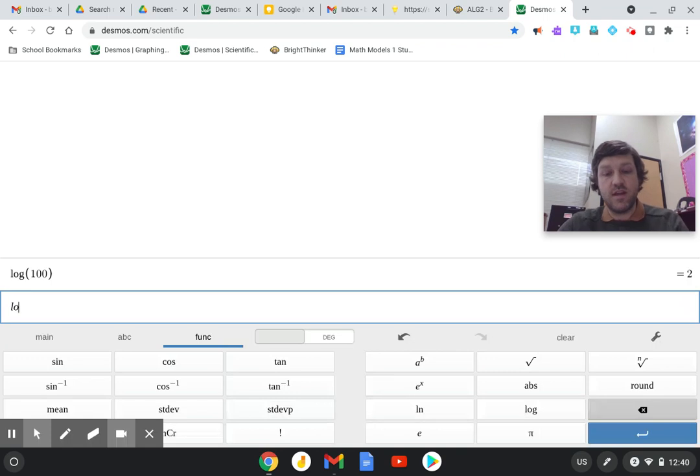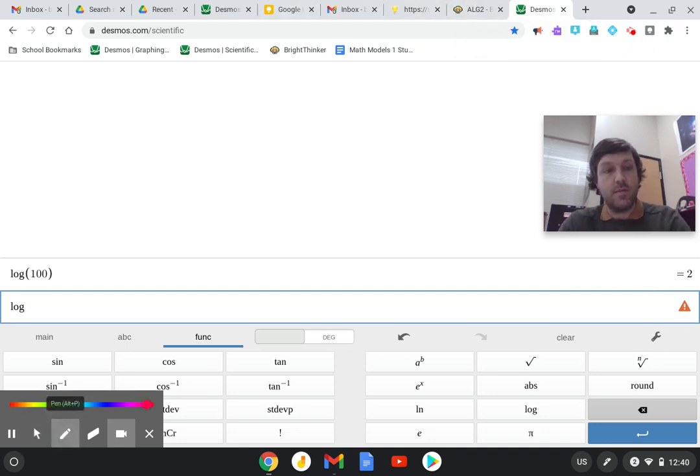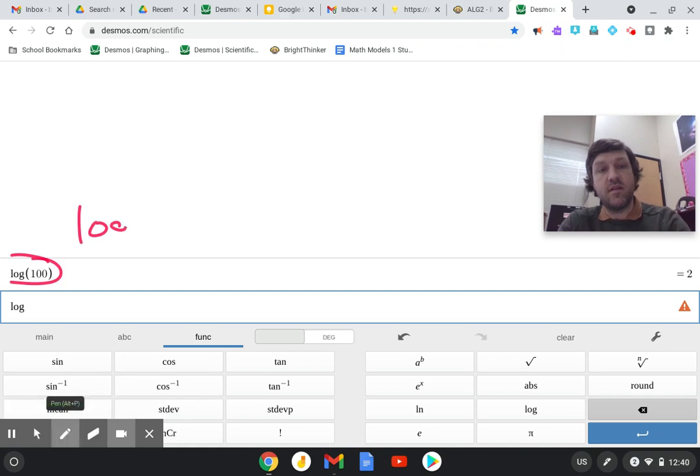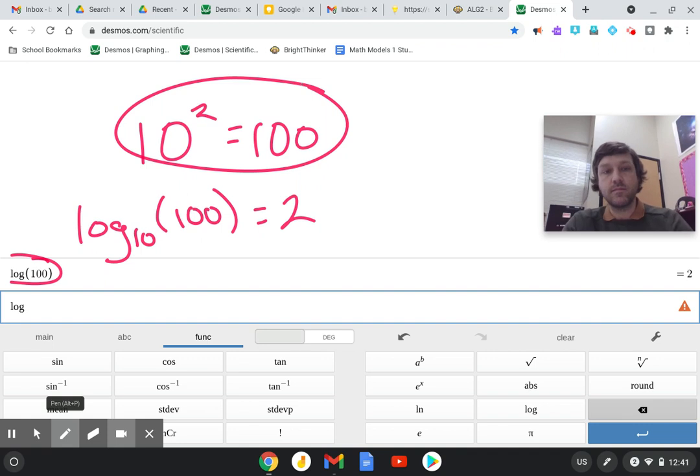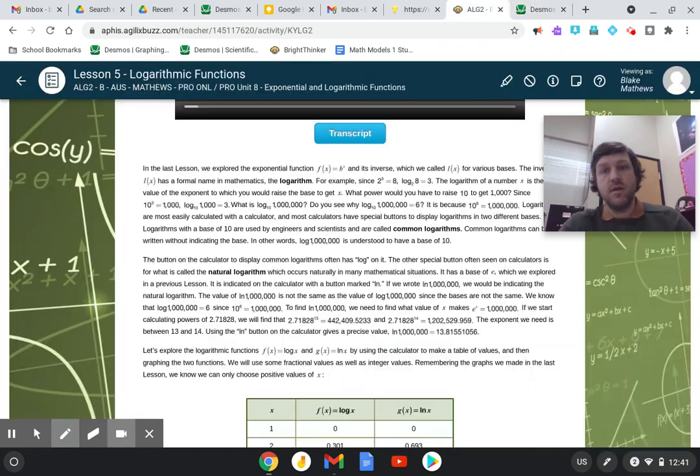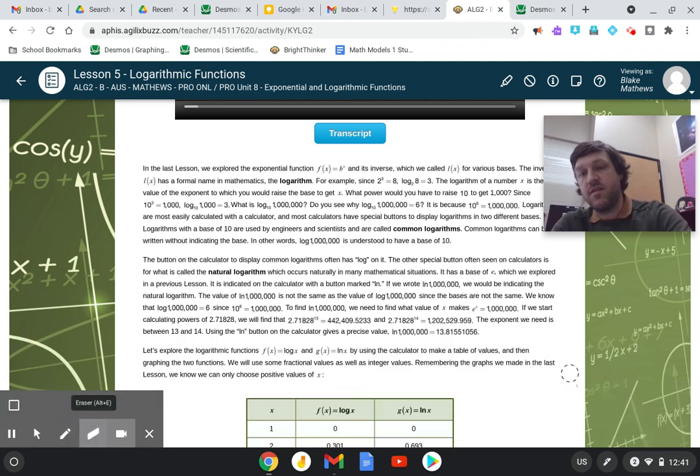That's why you can't just type log and expect it to know what the base is, because the calculator only does base 10 logarithms. So this is log base 10 of 100, which of course is 2, because 10 squared equals 100. All right, so that's one other key component to what we're doing in this lesson.